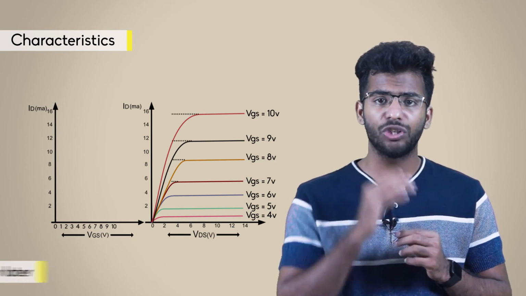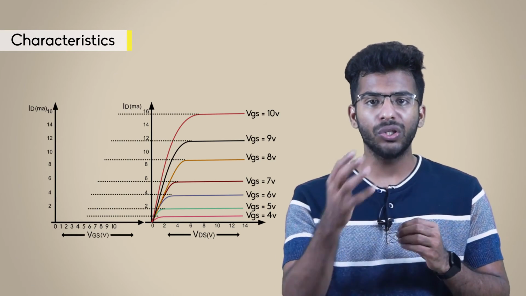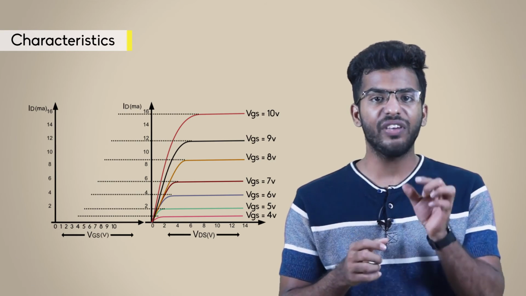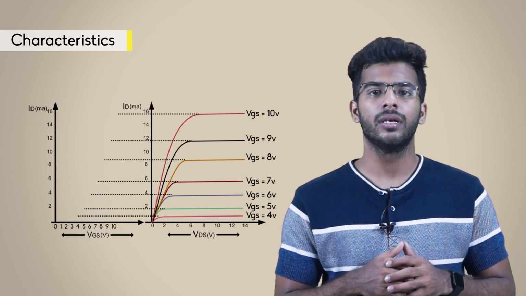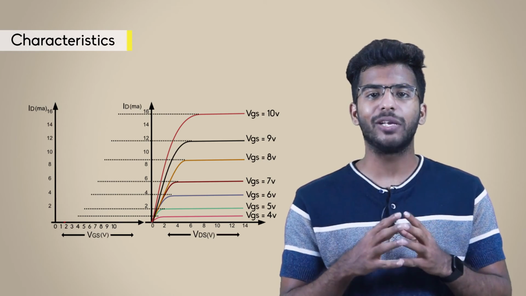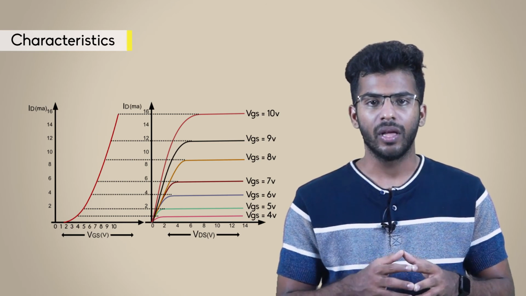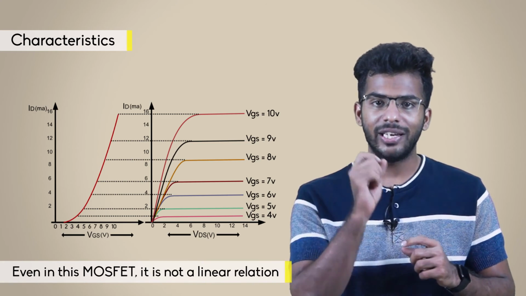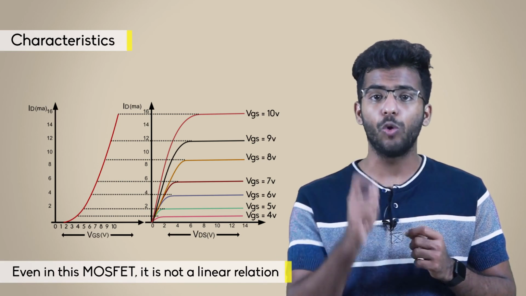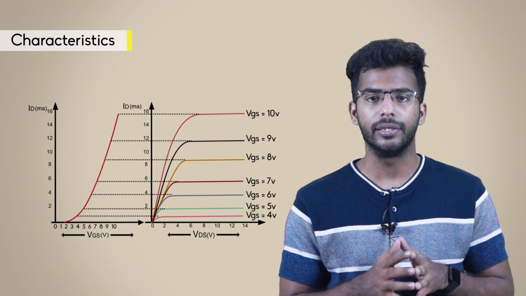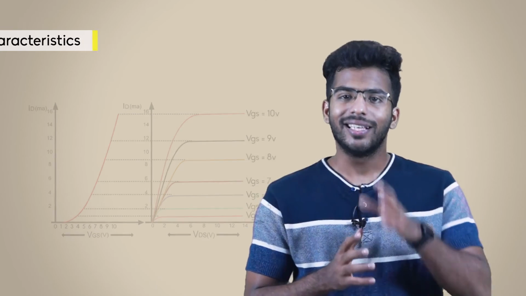We extend the saturation levels of ID onto the transfer curve which has VGS on the x-axis. Once we plot all the values, we get the transfer characteristics like this. Even in this MOSFET, the relation between the input and output functions is not linear. This is all about enhancement type MOSFET.